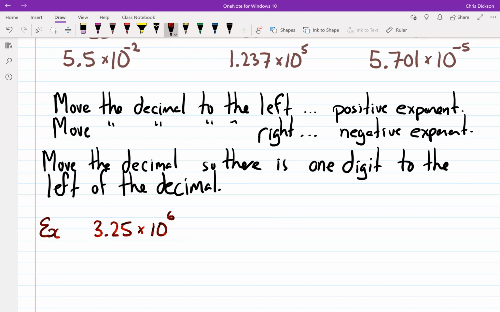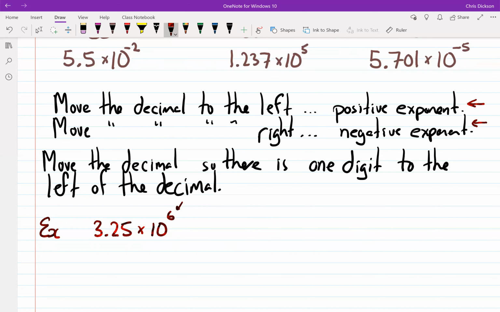And so once again, you'd have to figure out which way to move the decimal here, okay? So this all comes down to our first two statements here about negative and positive exponents. So 6 is a positive exponent. So I would have moved the decimal to the left here, okay? So basically I'm multiplying by 10 6 times, okay?